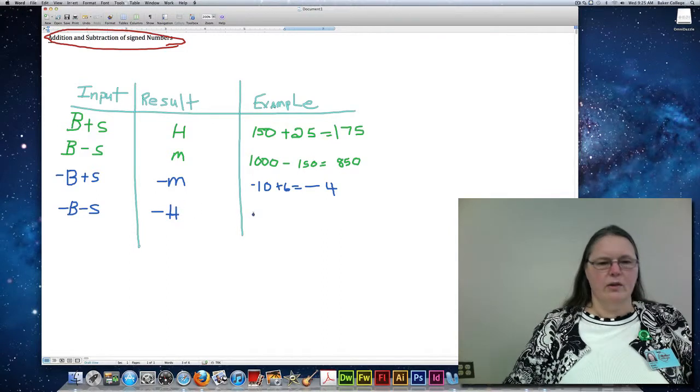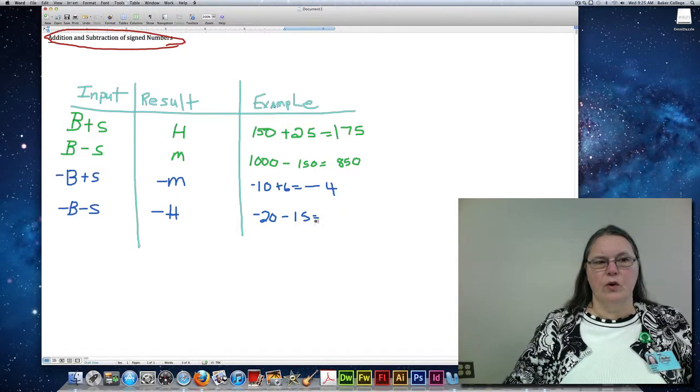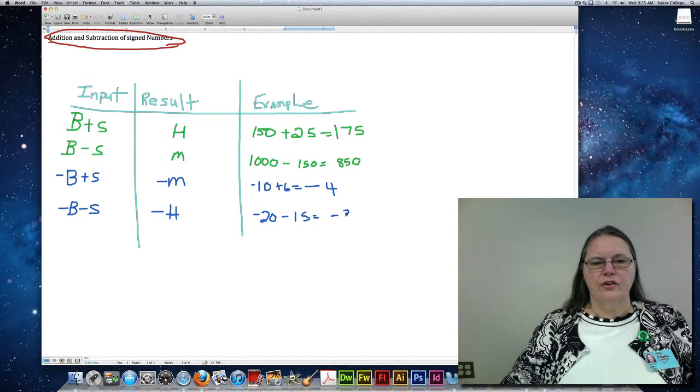Let's suppose that I borrowed $20 from a friend, and then I went to another friend, and they were kind enough to loan me, let's say, $15 more. So what is my total debt? It's the sum of the signed numbers now. In this case, it's the sum because we need to know the overall debt that we owe. So I owe $35.